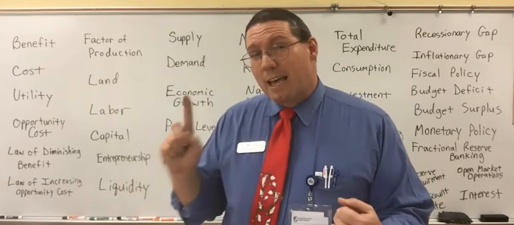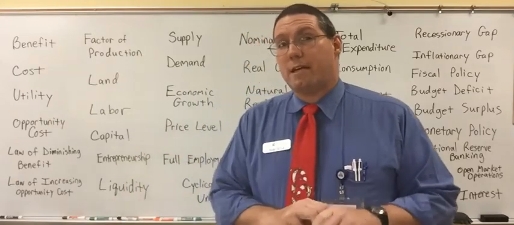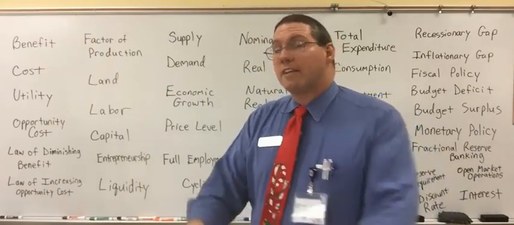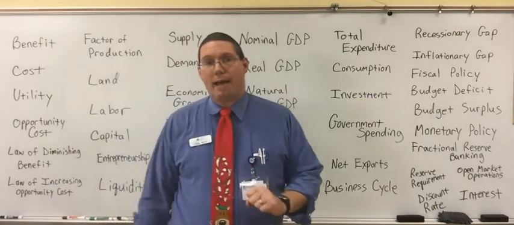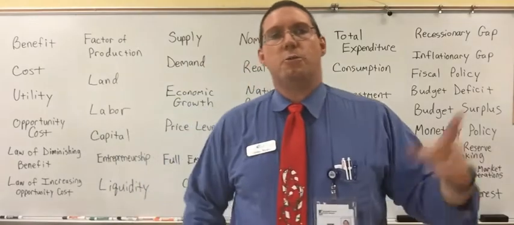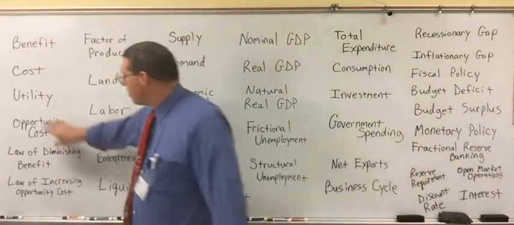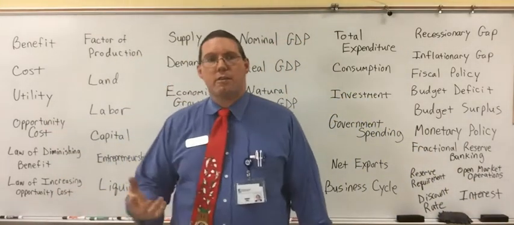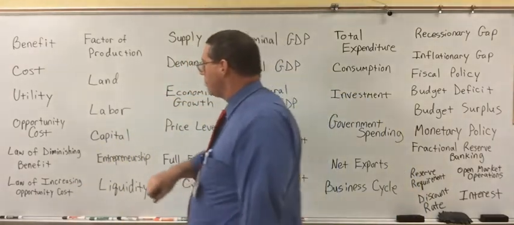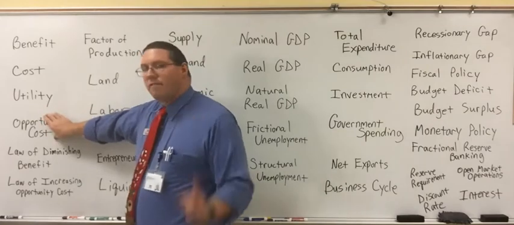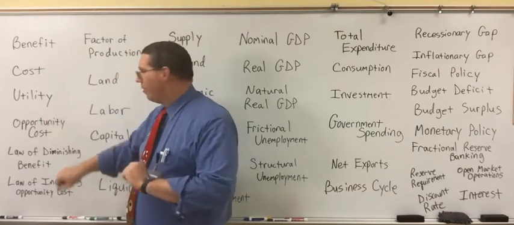But if I didn't pick Outback, then I would have picked Chili's. So I have to give up going to Chili's in order to go to Outback. I don't get Chili's because I do get Outback. Therefore, not eating at Chili's, that's my opportunity cost for eating at Outback. So opportunity cost is the cost of the next best alternative.